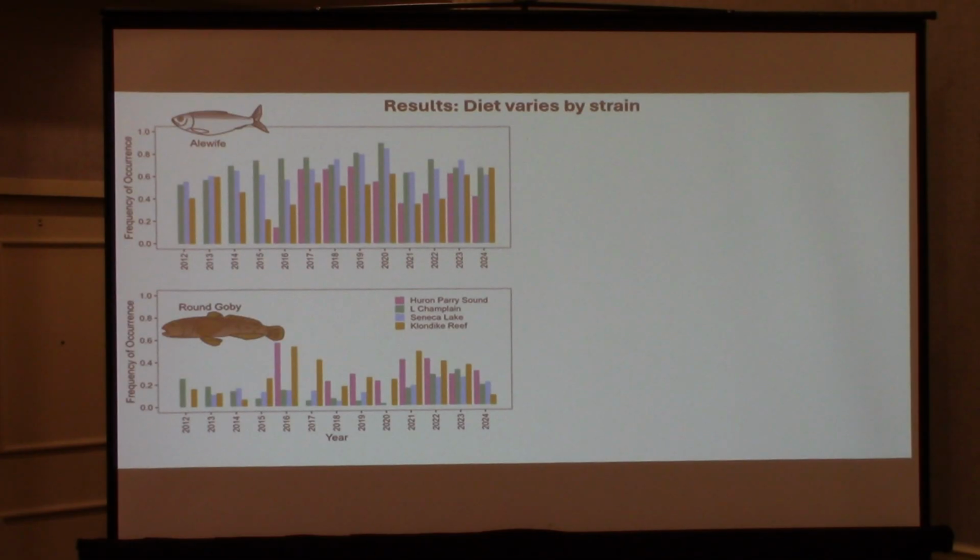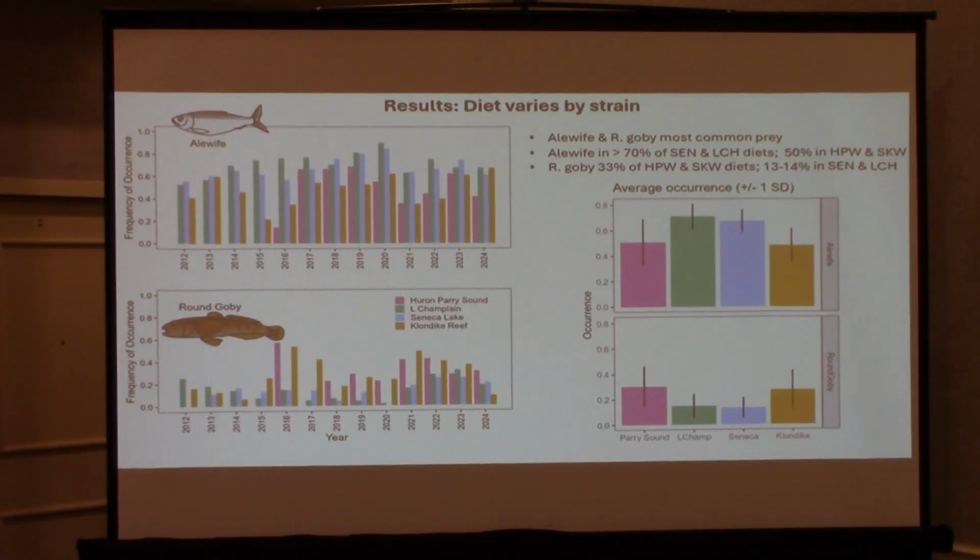How about diet? The two primary prey are alewife and round goby in the system. So we just used stomach content data, frequency of occurrence, and alewife were found in over 70% of Seneca and Lake Champlain diets, right here, and 50% in Klondike diets and Huron Parry Sound.